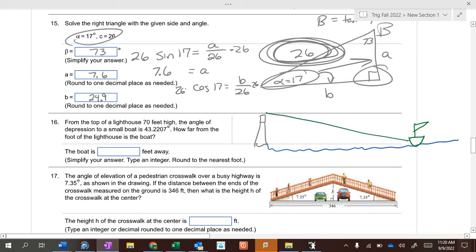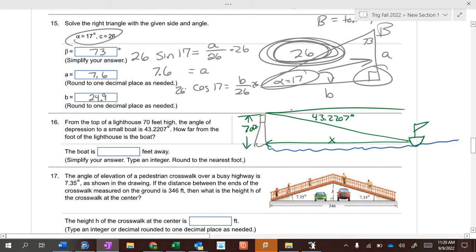How far is the green boat away from the base of the lighthouse, which is the shore, if the angle of depression from the lighthouse down is 43.2207 degrees and the lighthouse is 70 feet high? How far away is the boat from the base of the lighthouse?